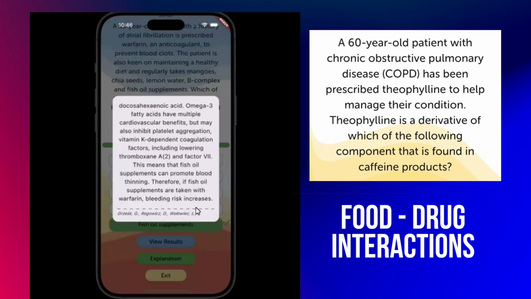So they have to be monitored very closely for bleeds. And this patient has to inform their healthcare provider about the supplements they're taking. Their INR has to be checked and monitored closely, and some adjustments have to be made.